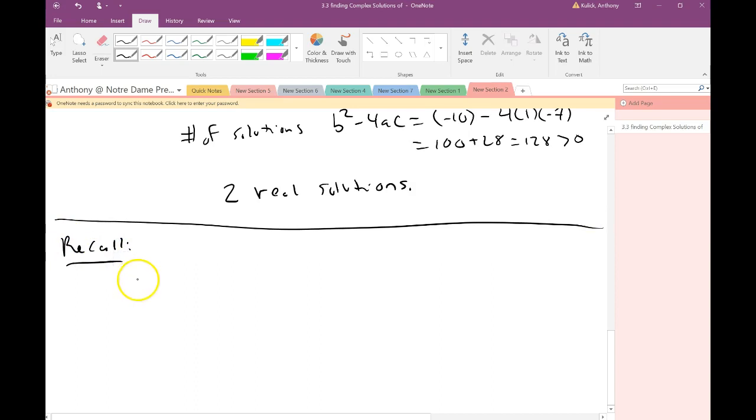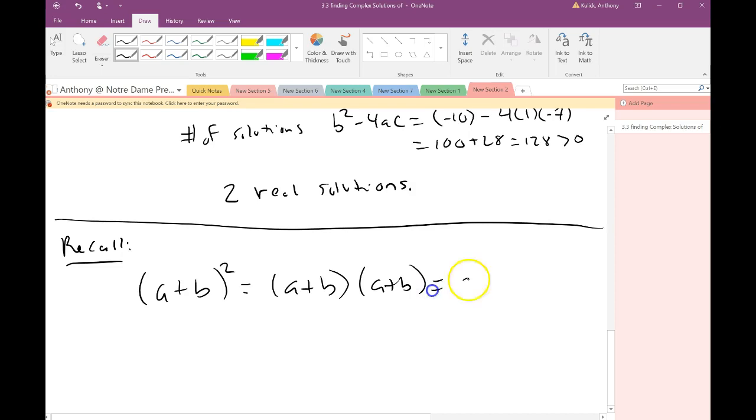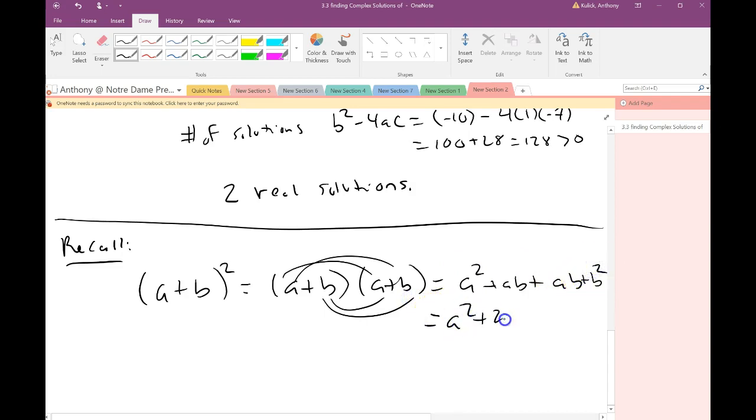So a couple of things to remember here, that if I have a quantity squared like this, it's really the same thing as this, which when we FOIL, is a squared plus 2ab plus b squared.